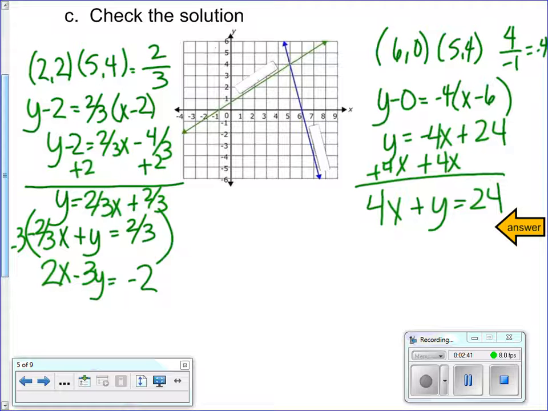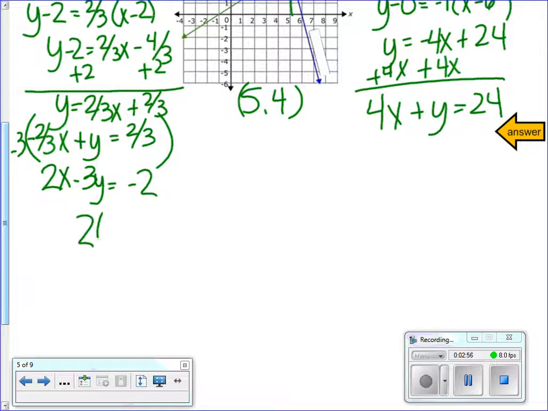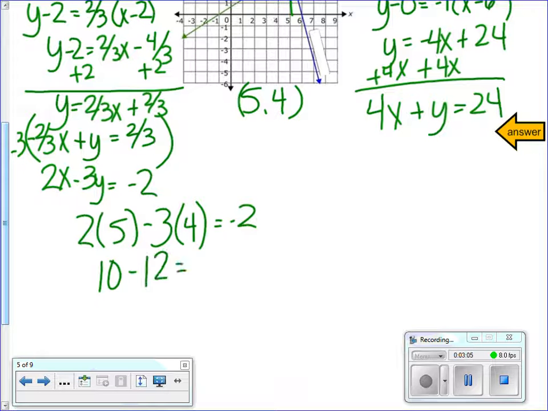So now let's check our solution, which is right here, and that is (5, 4). So plug it back into this first one. I get 2 times 5 minus 3 times 4 equals -2. So 10 minus 12 equals -2.